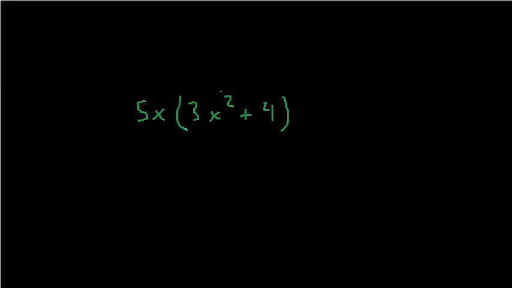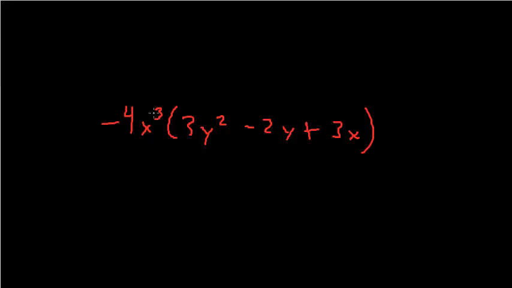So 5x times 3x squared, I get 15x cubed. And then plus here 5 times 4, 20. And then that x, since there's no variable here, x times nothing here is just x. So if I have a term with x times just a number, right, that x just comes down. So here I have my final answer, 15x cubed plus 20x.